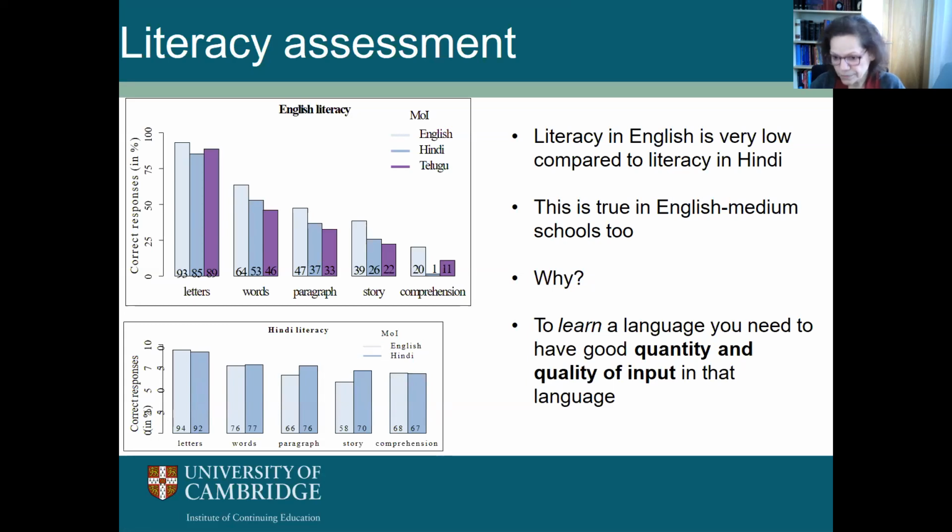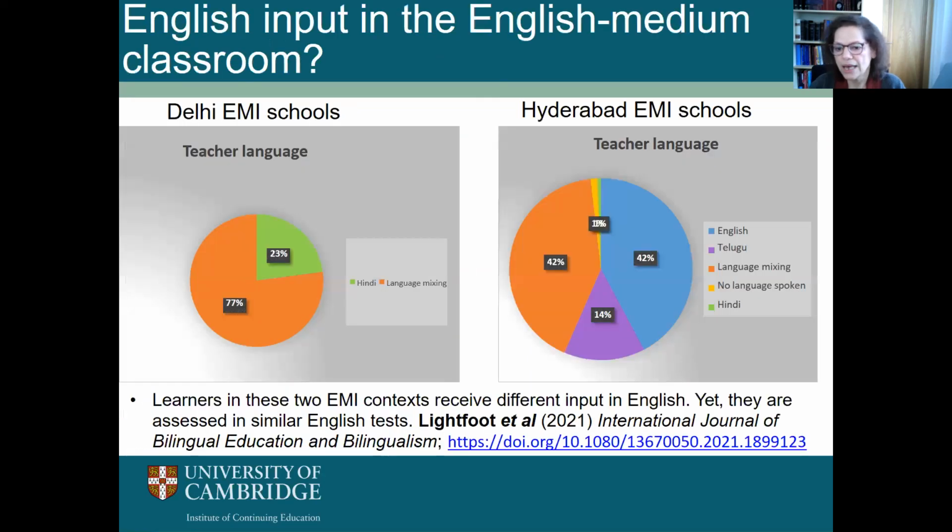Well, one thing we need to keep in mind is that in order to learn a language and perform well in assessment, you need good quantity and quality of input in that language. So when we looked at English medium schools in Delhi and Hyderabad, and tried to see whether English is the language in which lessons were delivered, we found that in Delhi English medium schools there was no plain English used at all, okay, no English on its own.